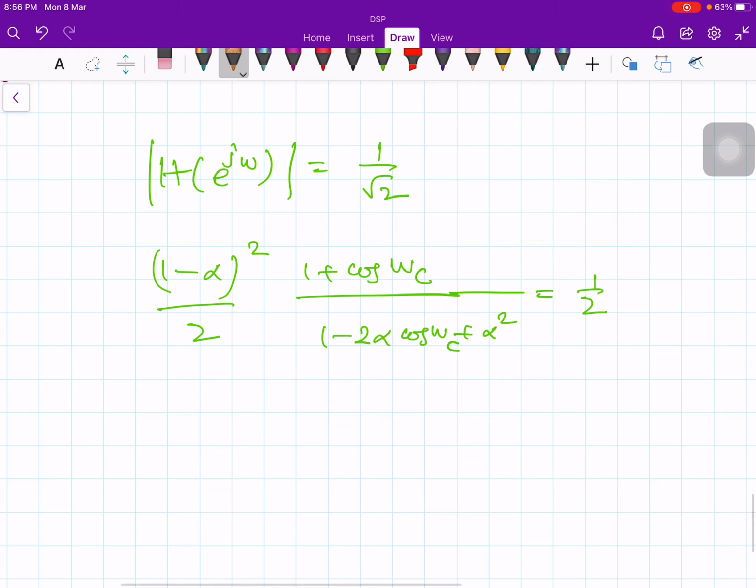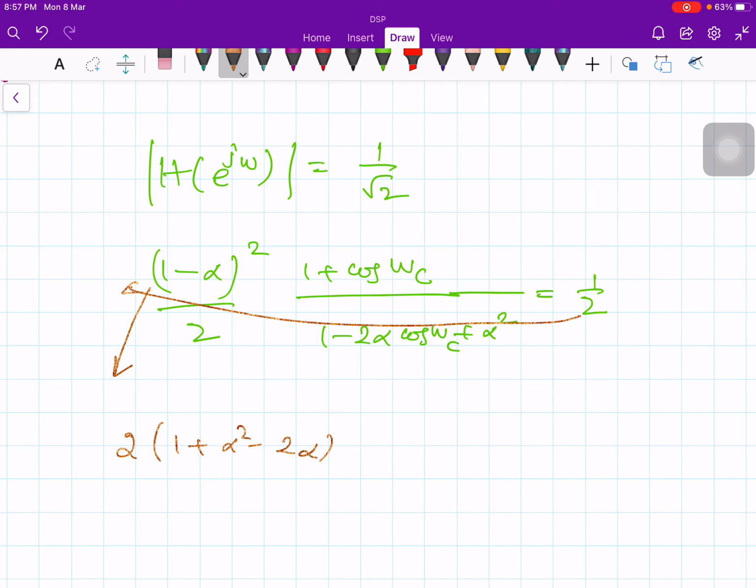Okay, now simplify this. Do the cross multiplication and expand this expression. (1 minus alpha) whole square becomes, taking this 2 here, 2 times (1 plus alpha square minus 2 alpha) divided by 2, times (1 plus cos omega c).